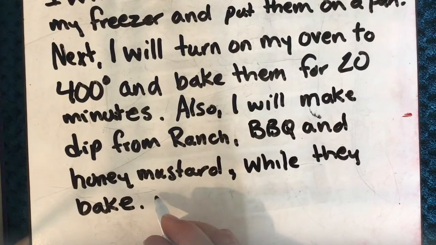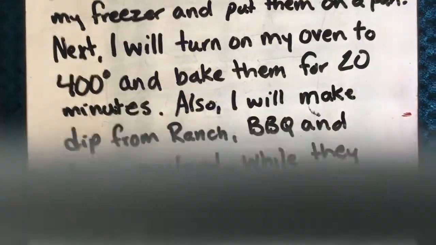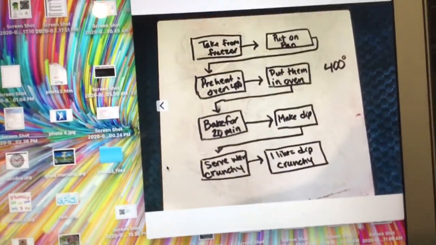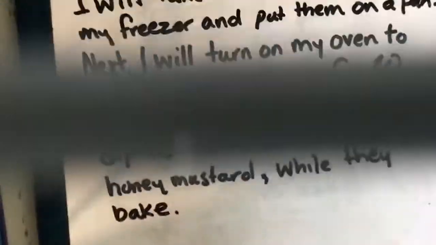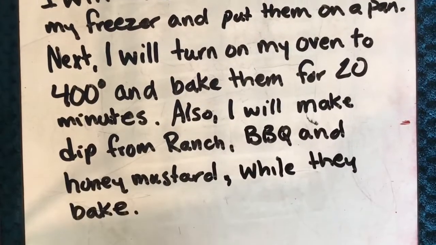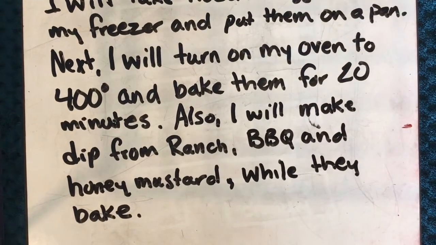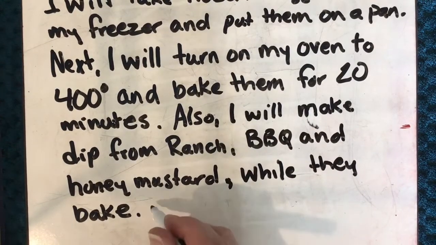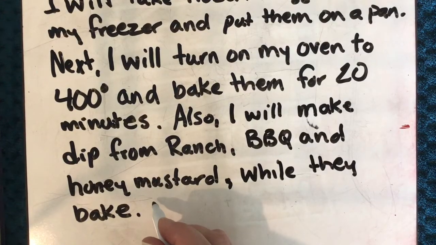Then I've made the dip. I'm going to serve them when they're crunchy and say that I like them crunchy and with dip. So, here we go. Do you love moving around with me, or are you about ready to get a headache, huh? I wonder. Okay, so I made dip. Now I'm going to say serve when they're warm and crunchy. I like the word finally because that's the last step.